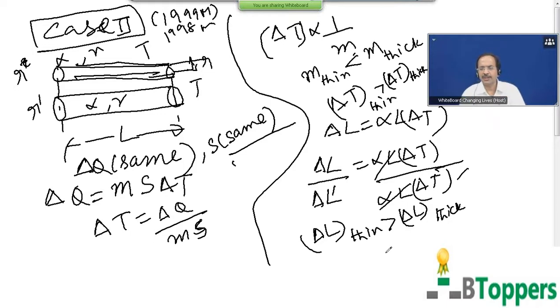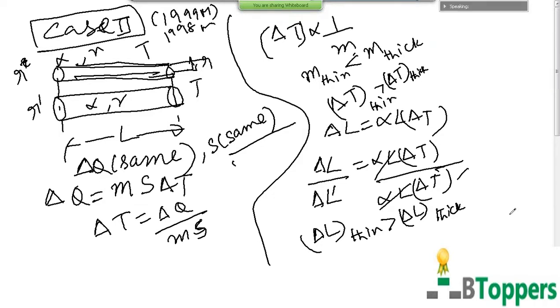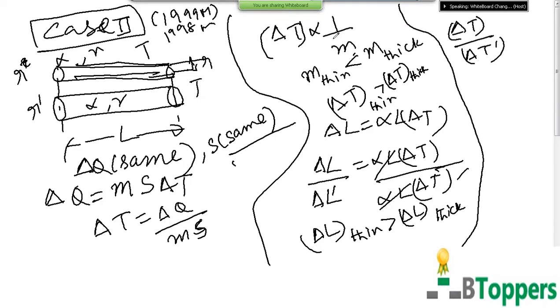But it can be shown that the increase in volume will be the same for both the rods in this case. So I would like to show the working for that also. So now, the increase in temperature for the first rod divided by the increase in temperature for the second rod.